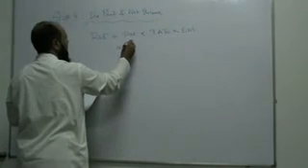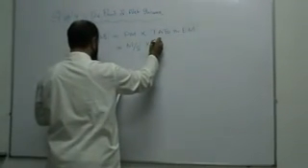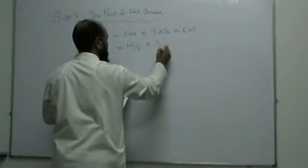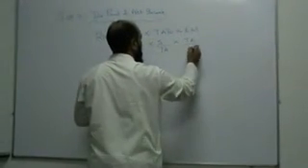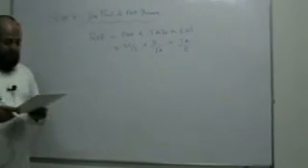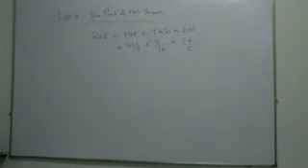For profit margin, we need net income divided by sales. For total asset turnover, we need sales over total assets. For equity multiplier, we need total assets over equity. Now, in this formula, the thing that is missing is total assets. So first we need to find out the total assets.